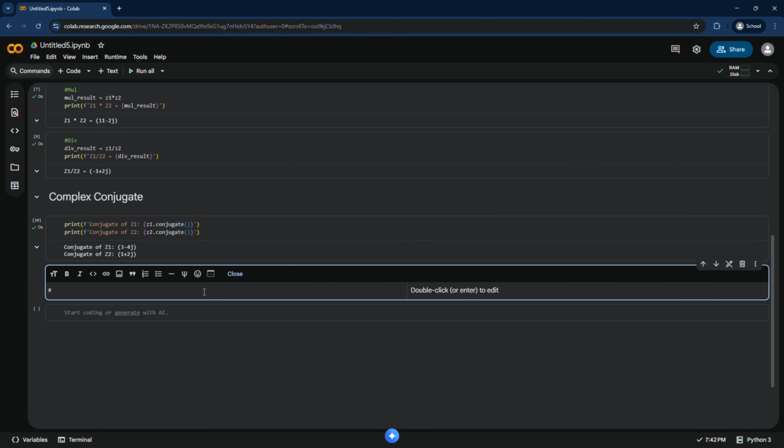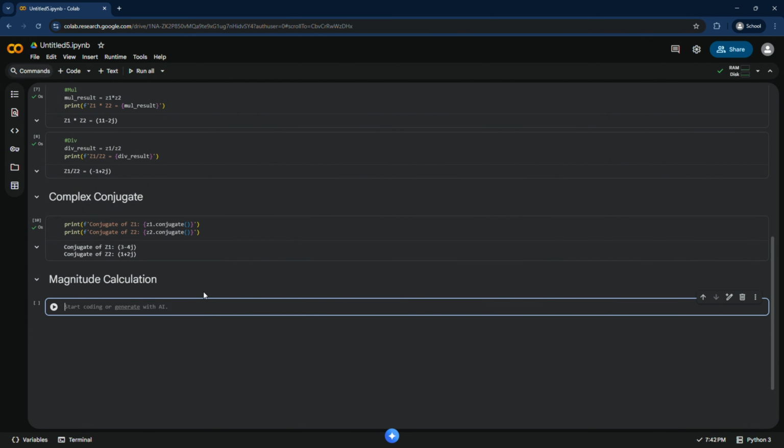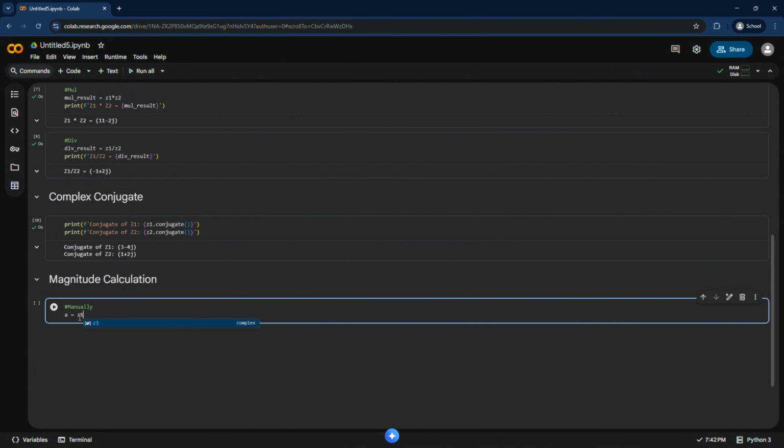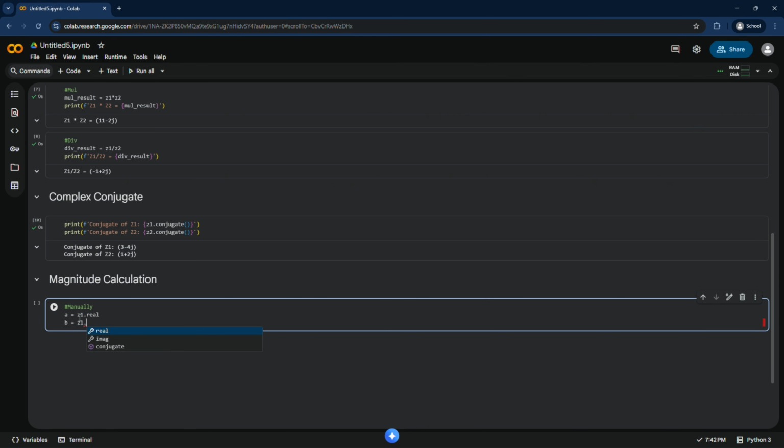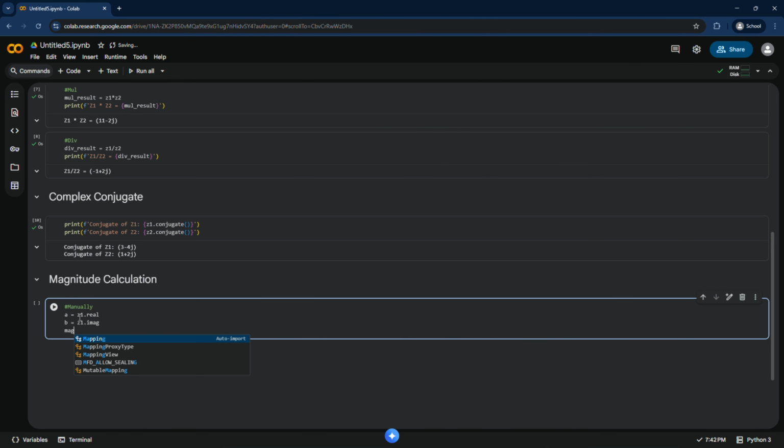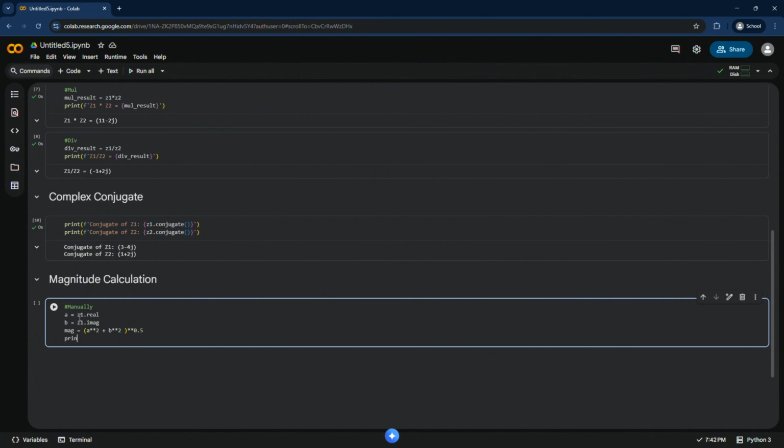Now let's compute the magnitude or the length of a complex number. This is super important in quantum computing because the magnitude of a complex number tells us the probability. At first, do it manually. Now you need to know that in Python this double star or double multiplication operator simply refers to power operator, and something to the power 0.5 simply refers to a square root operation.